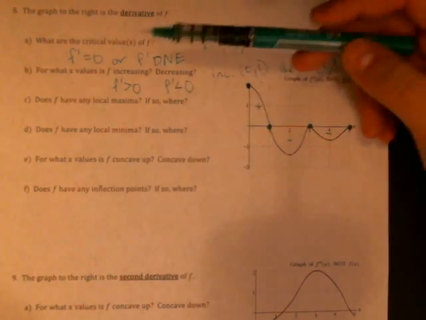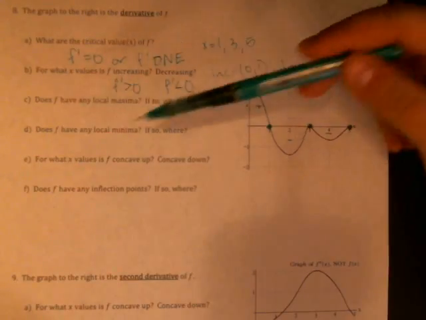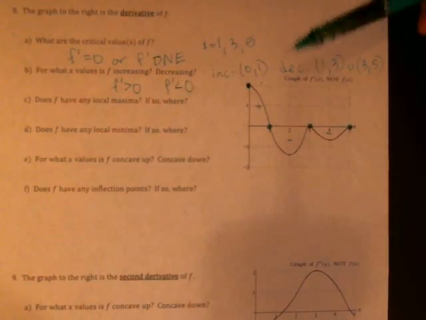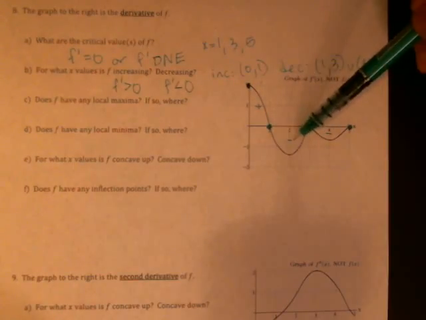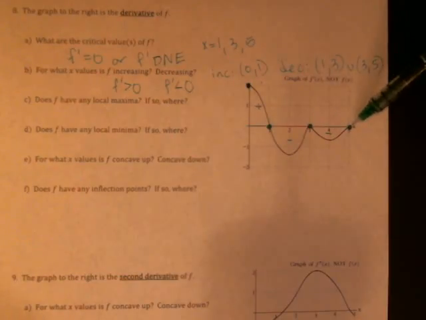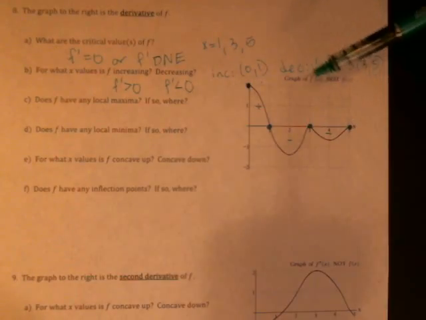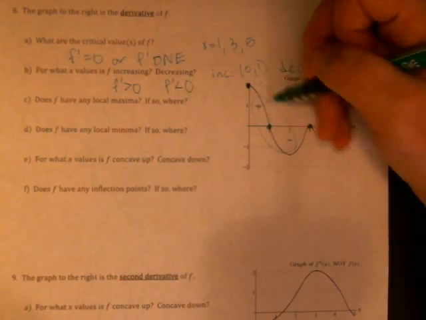Okay, so now we want to decide if f has a local maximum and where, and then local minimum and where. So we've said our function increases, has a flat spot, decreases, has a flat spot, decreases, has a flat spot. So switching from increasing to decreasing is the one that's going to give us something interesting.